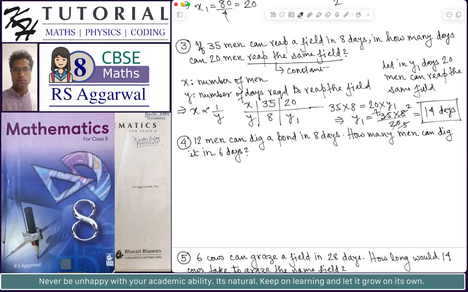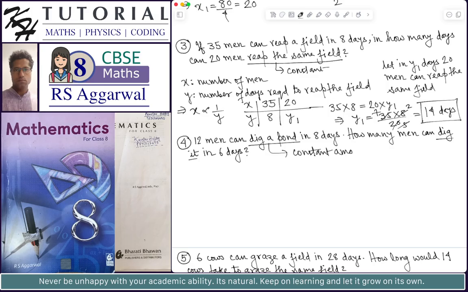Now in this problem number 4, dig a pond is the constant amount of work. It is saying 12 men can dig a pond in 8 days. How many men can dig it? Dig it means the same pond. So digging the same pond, this is the constant amount of work.